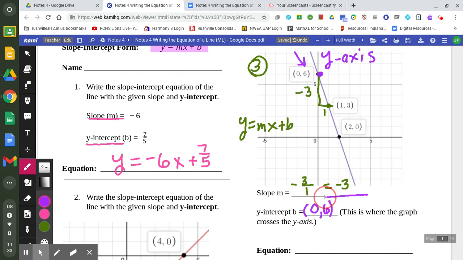And again, the y value of the y-intercept is the b. So now I have my two numbers. I'm going to write my equation as y equals negative 3x plus 6.